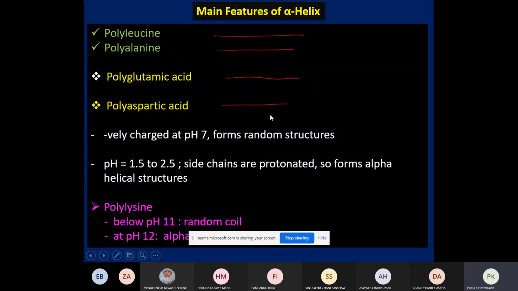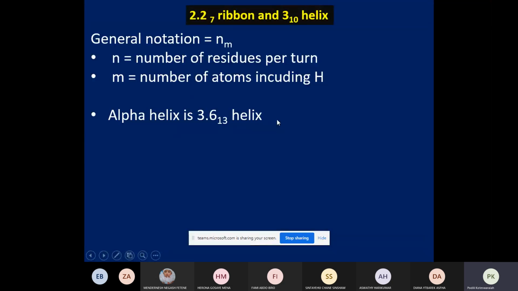Depending upon the pH, they can form either random structures or ordered helical structures, because as we have already said, each and every amino acid has different pKa values of the alpha carboxyl group and the alpha amino group, as well as the side chain group. Depending upon the pH and the side chain functional group, it is either protonated or deprotonated. As a result, it can form either ordered structures or random helices.